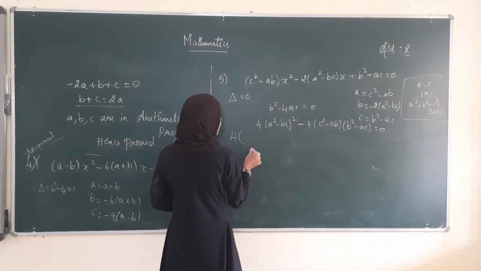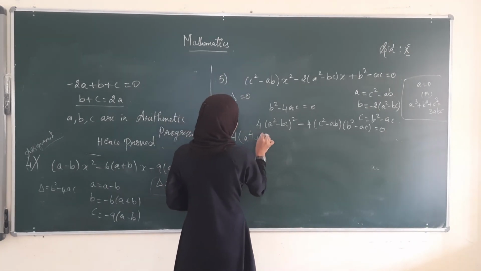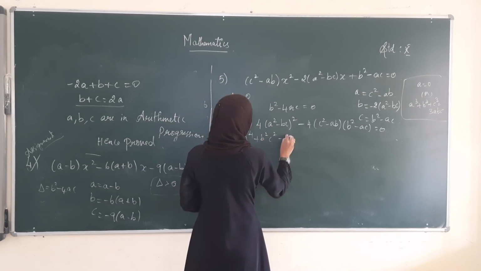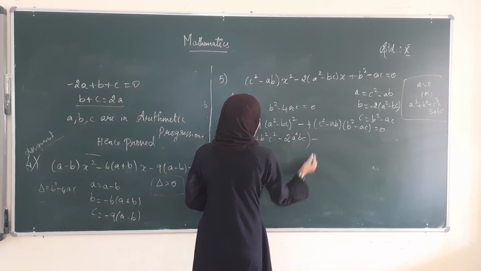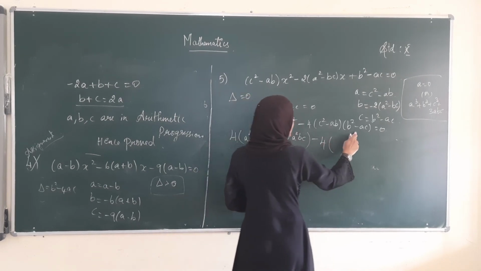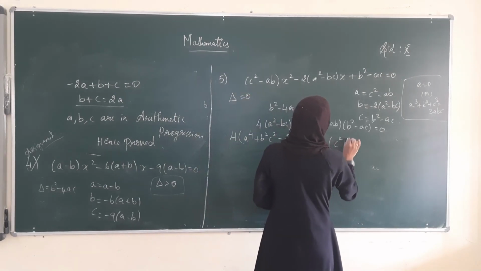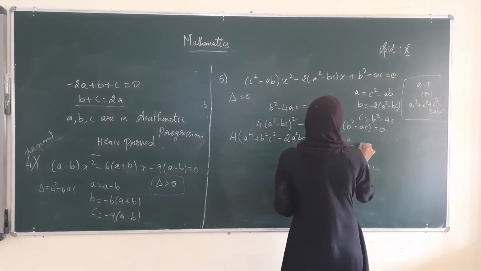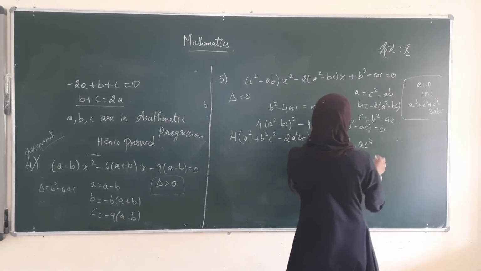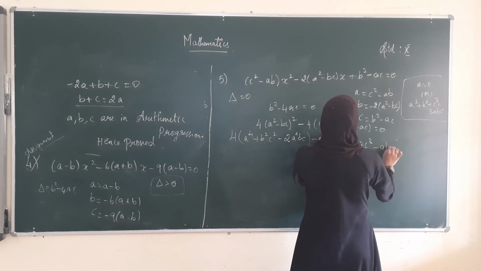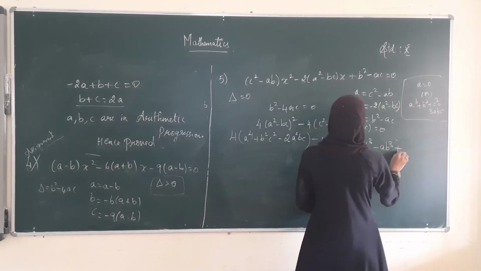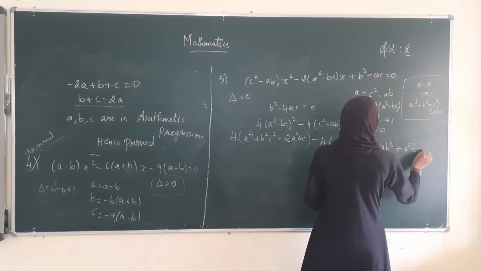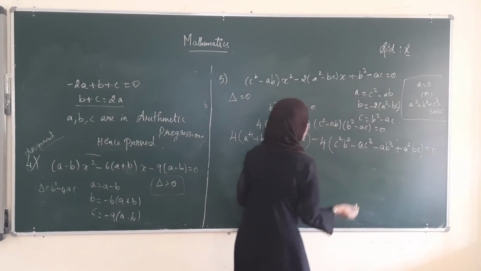4 into a power 4 plus b squared c squared minus 2a squared bc, minus 4 into, now multiply both: c squared b squared minus a c cube minus a b cube plus a squared bc equal to 0.